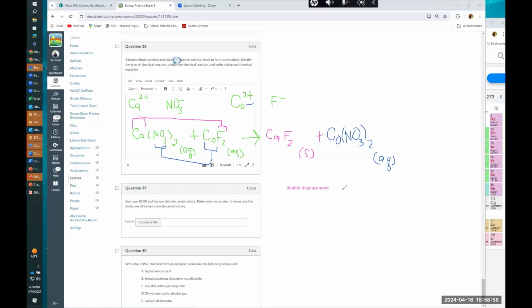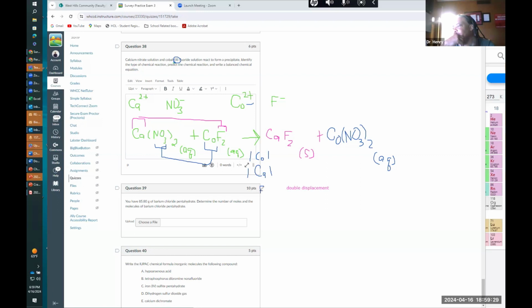Okay. Is it balanced? Let's write it out. So cobalt, how many do we have on each side? One, and then on the product side, one. Calcium: we have one on the reactant side and one on the product side.